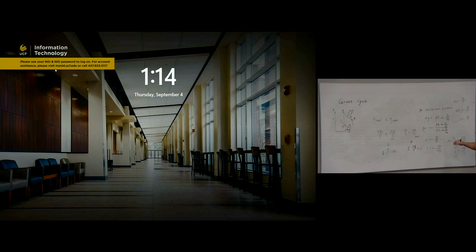Okay? Let me write it down more specifically to consider the online students. So the relationship of the entropy and delta Q divided by T looks like this.